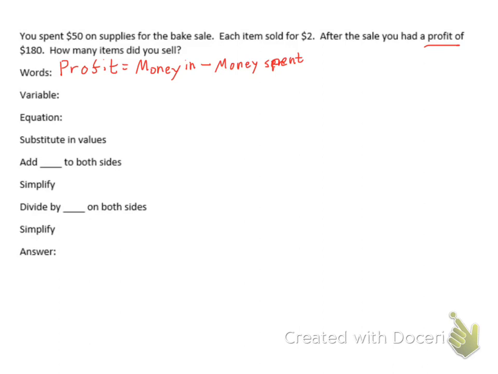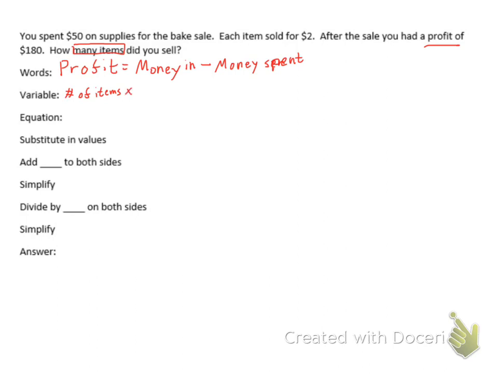So profit is the money in, subtract the money out, or the money spent. So there's one thing that we don't know, and it's right there in our question: how many items? So our variable is going to be exactly that. It's going to be the number of items.